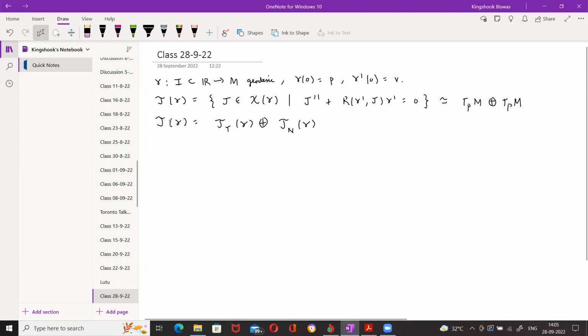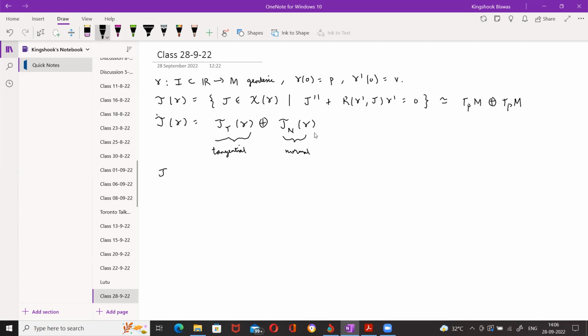And then we saw there's a direct sum decomposition of the space of Jacobi fields into the space of tangential Jacobi fields, direct sum the space of normal Jacobi fields. So the tangential Jacobi fields are given by the following.